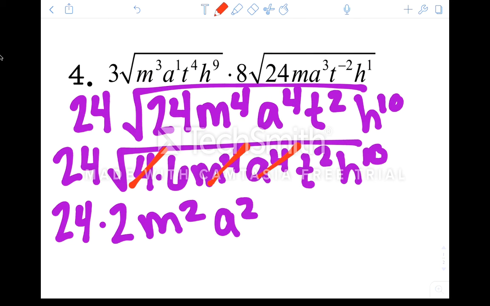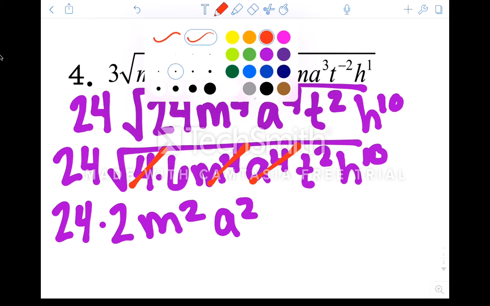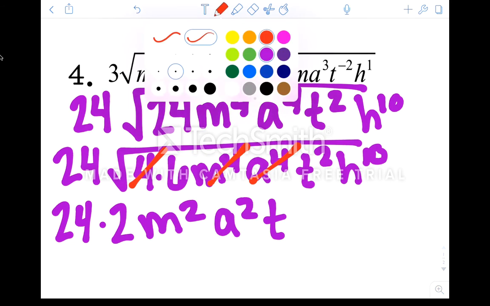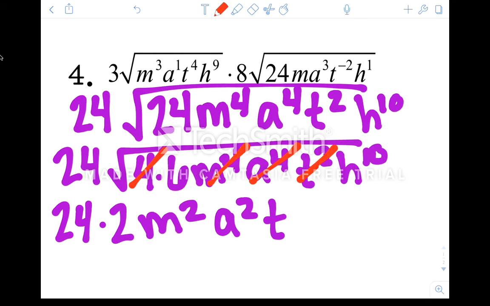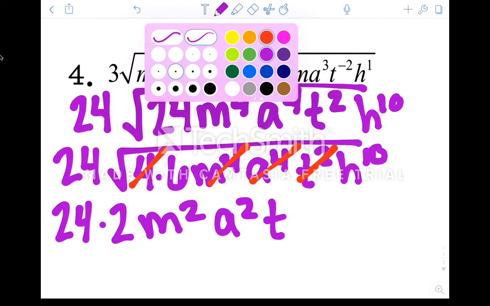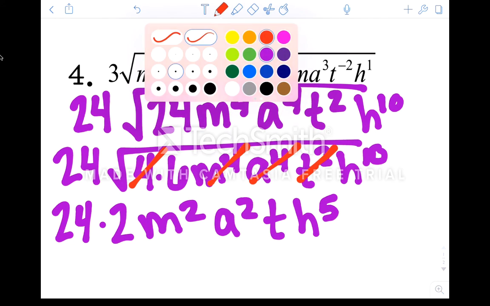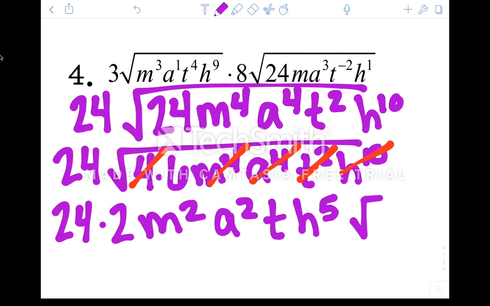Square root of t squared, so 2 divided by 2 is 1, so I am left with a t. And then square root of h to the 10th, 10 divided by 2 is 5, so I have h to the 5th. And now inside that square root sign, all that I'm left with is a 6.